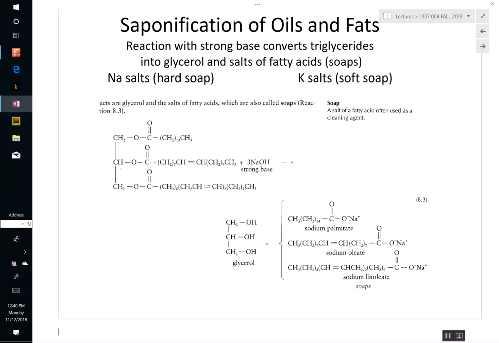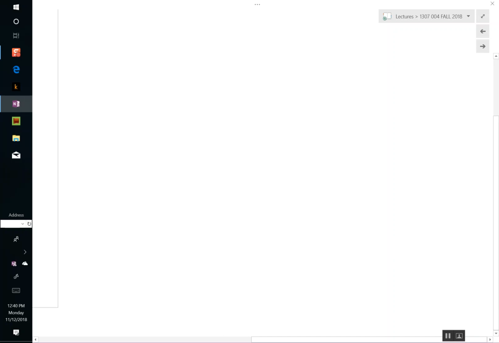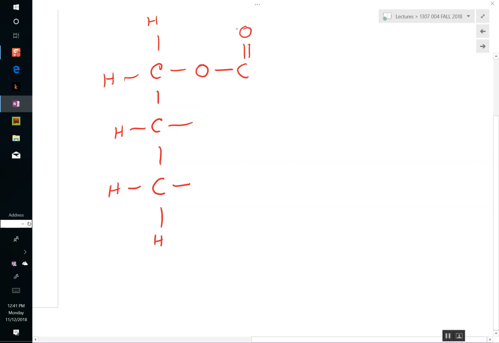But let's just draw that. So let's say we have a glycerol backbone here, and it's going to have an ester link. The fatty acid is going to be linked to this through an ester bond.